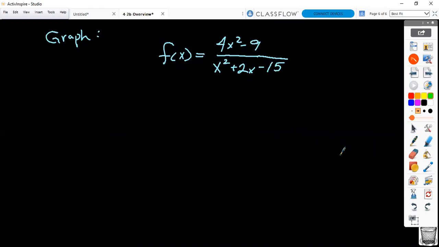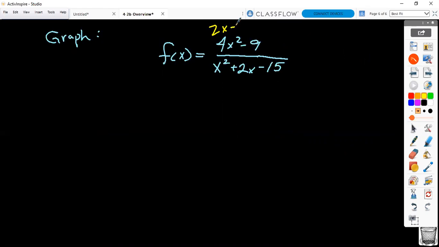And how would you graph this one? So to graph this problem, the first thing that I would say is we got some factoring to do. I don't think anything's going to cancel, but if it did, it would be a whole. We probably should talk about one of those here before we finish this up.